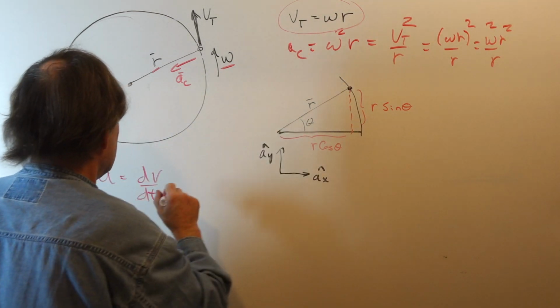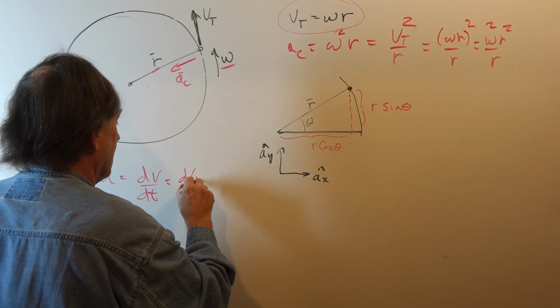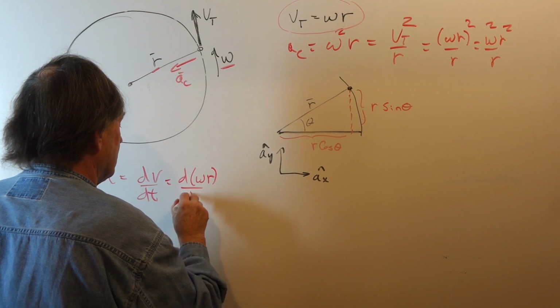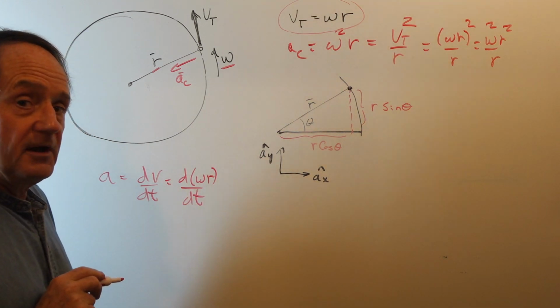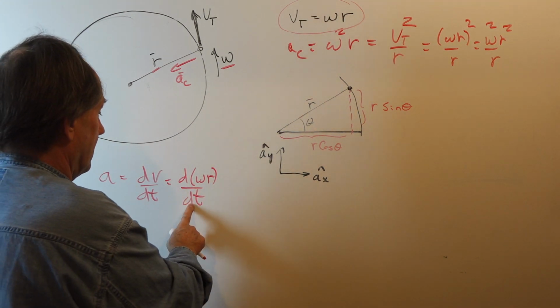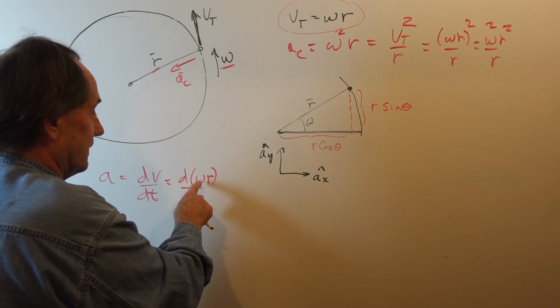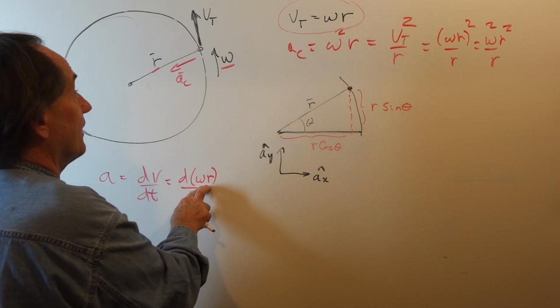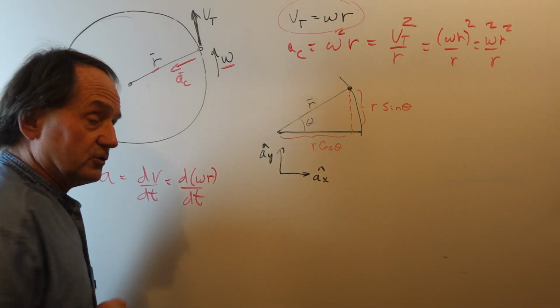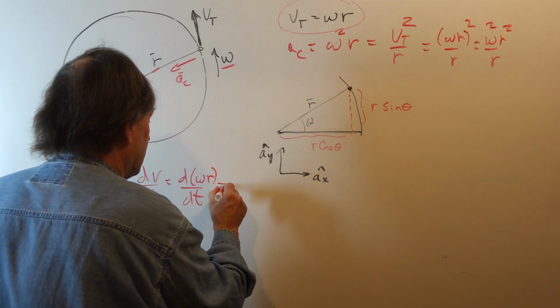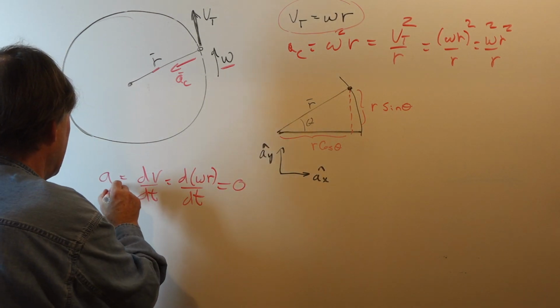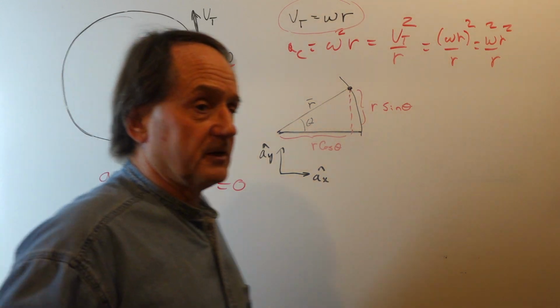Because if velocity is omega r, and we put it into this, take the time rate of change with time, omega is constant, r is constant, so omega r is constant, so there is no change with time, and we would think that this equals 0, that there can't be any centripetal acceleration.